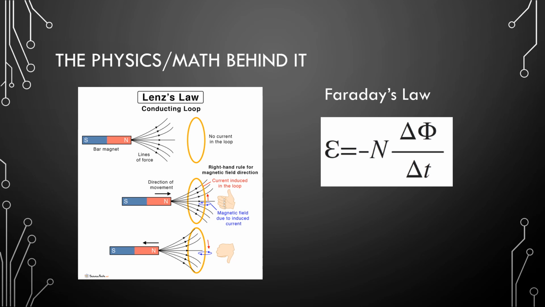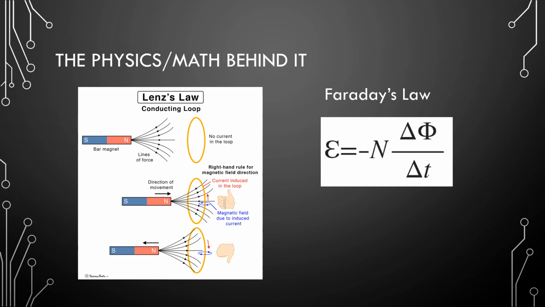So, to explain how maglev relates to electromagnetics and the topics that we've covered in class, I'll be using Lenz's law and Faraday's laws, which their equations are shown on the slide, to relate the two. So as we know, induced currents occur when there is a change in the magnetic flux through a conductor that has current flowing through it already, and that current that flows through it produces its own magnetic field.